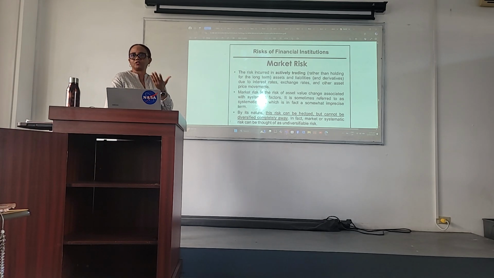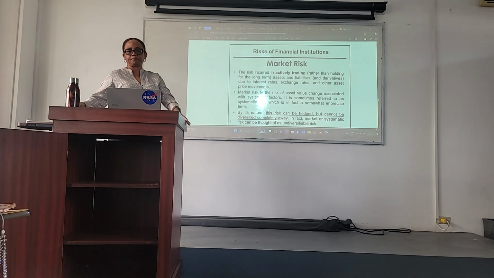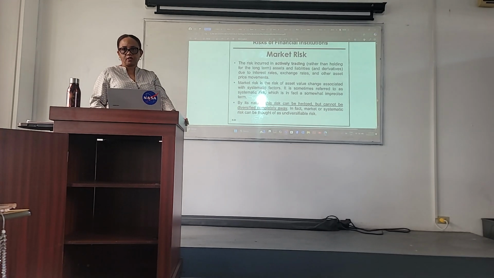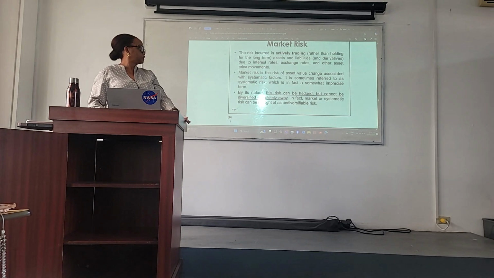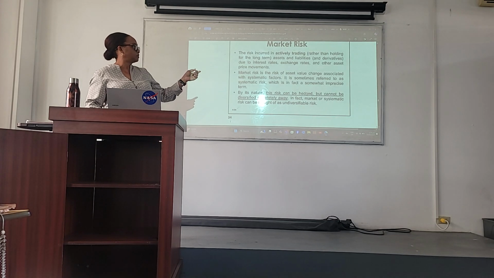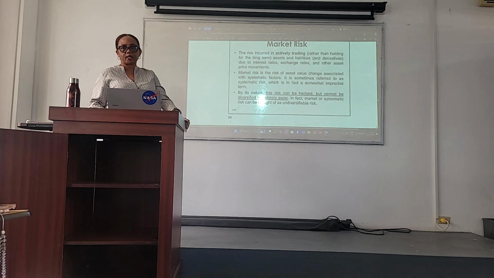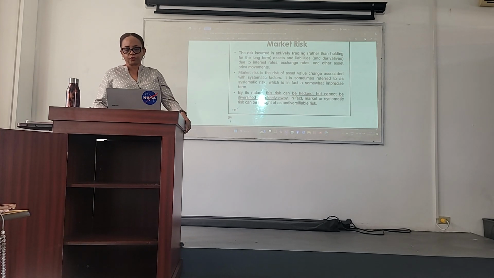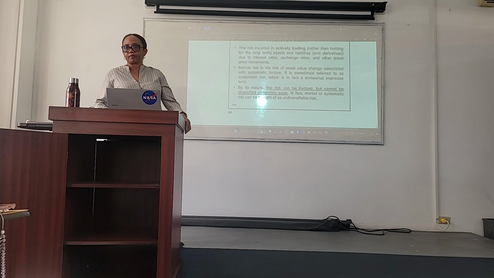And so you can hedge to remove some of it. All right? The risk that can be hedged but cannot be diversified completely away is also called undiversified risk. Okay, so systematic risk or undiversified risk, you may hear that, those of you who will get to portfolio management, right?